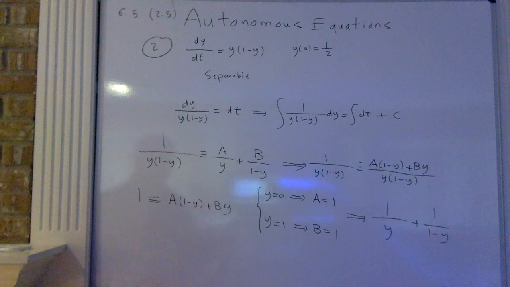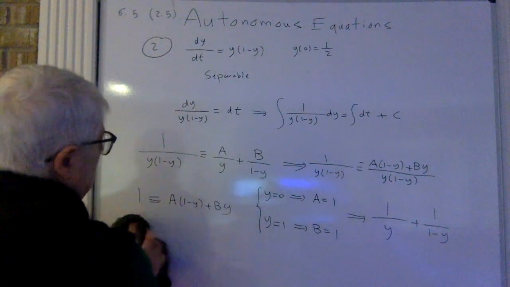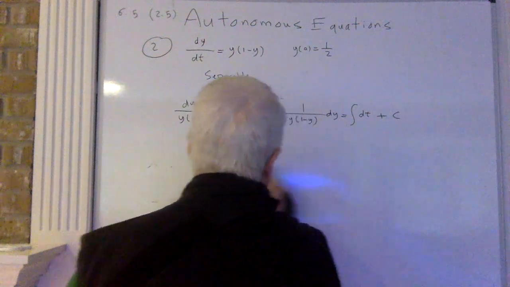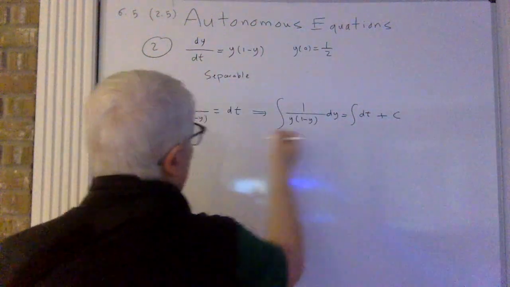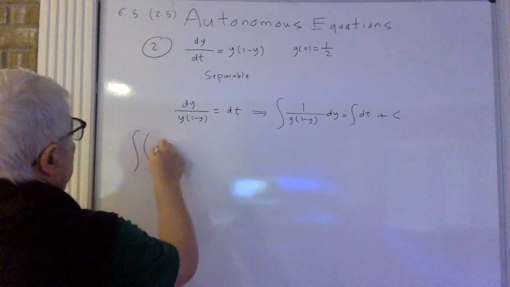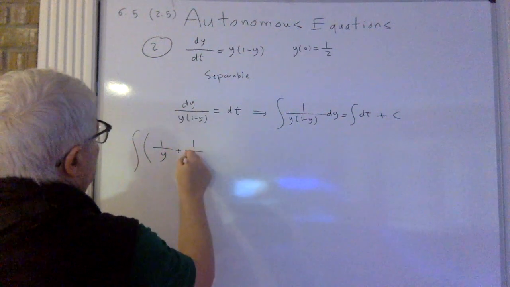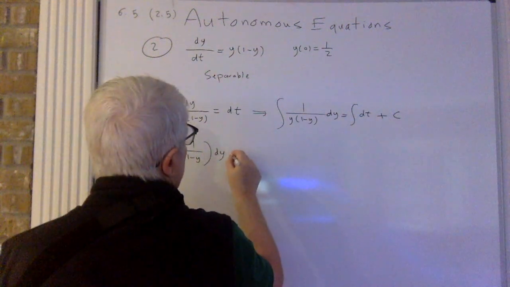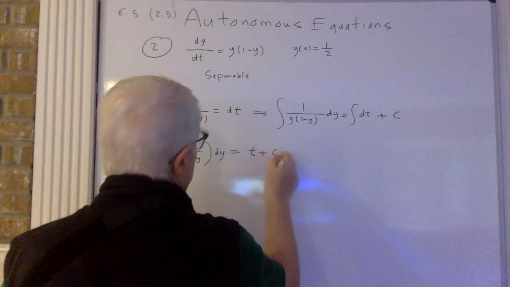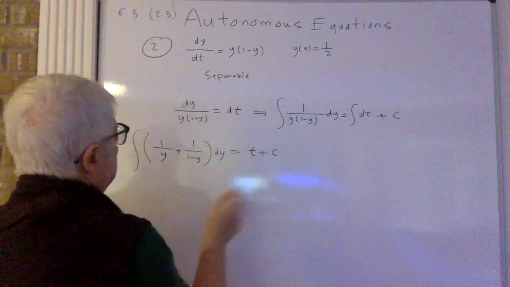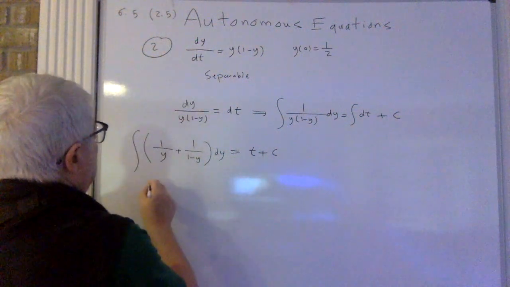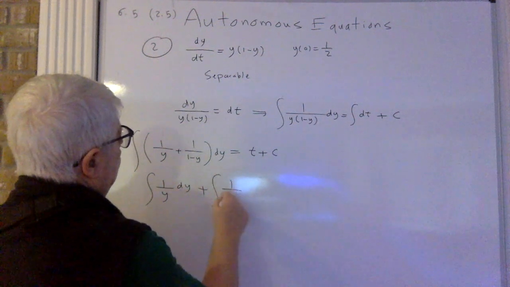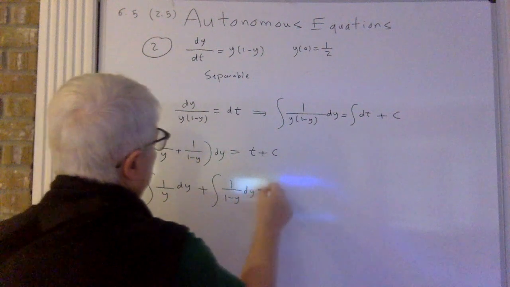So the integral of this one will be, let me erase this partial fraction, the integral of 1 over y plus 1 over 1 minus y dy, and on this side I simply have t plus c. Okay, so this one, 1 over y dy, 1 over 1 minus y dy, and t plus c.